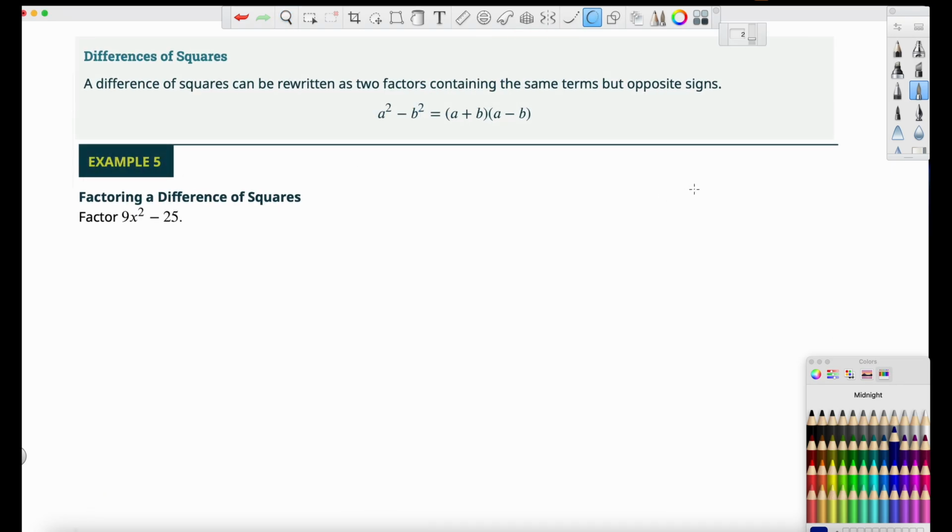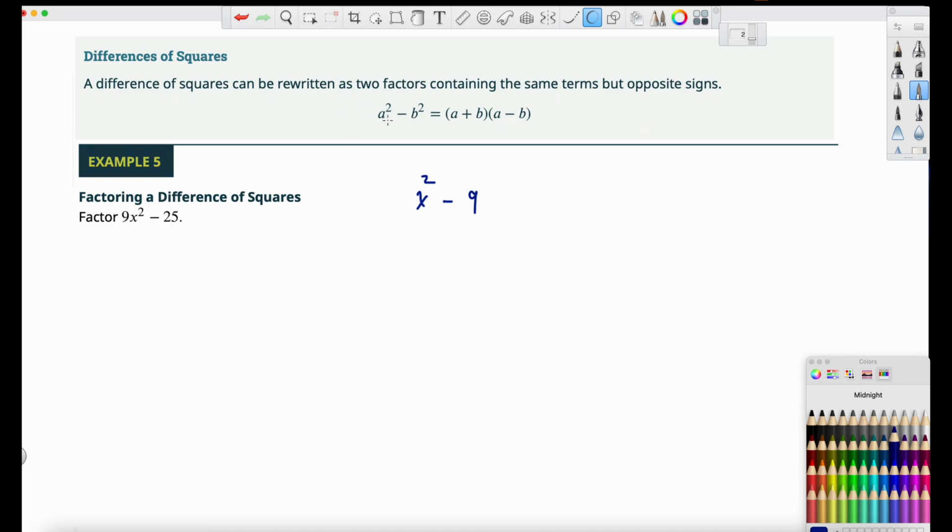Difference of squares. A difference of squares can be written as two factors containing the same terms but opposite signs. So what is the difference of squares? If I have two numbers, say I have x and I square it, it gives me x squared. And let's say I have 3 and I square it, and that gives me 9. If I take the difference of it, it means I'm subtracting them. So I have a polynomial here, and I want to see if I can factor this.